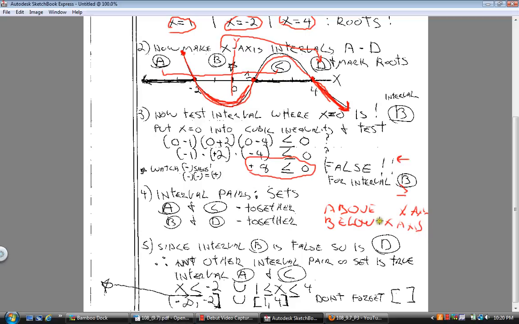So you can remember those pairings and just test for one pair. I recommend finding wherever x equals 0. It usually is in the B, though it doesn't have to be. Keep the groupings together, and for this problem you find that the intervals you were looking for are A and C.